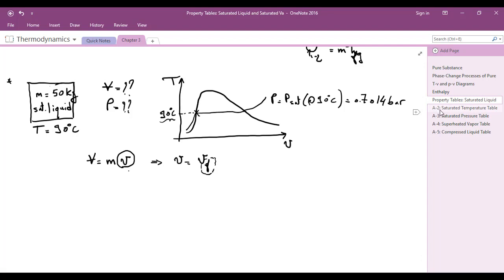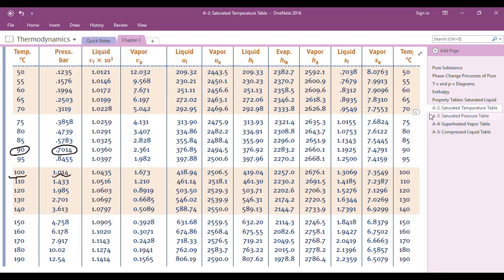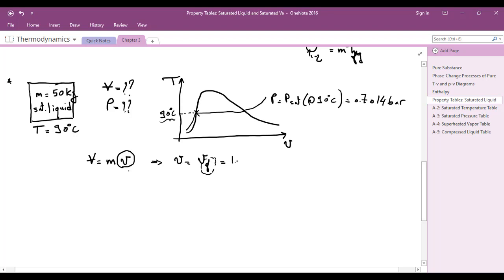If we go to table A2 and read Vf, it is equal to 1.036 times 10 to the power minus 3 meter cube per kilogram. So the total volume in this case is equal to 50 kilos times the specific volume 1.036 times 10 to the power minus 3, which is approximately 0.052 meter cube.